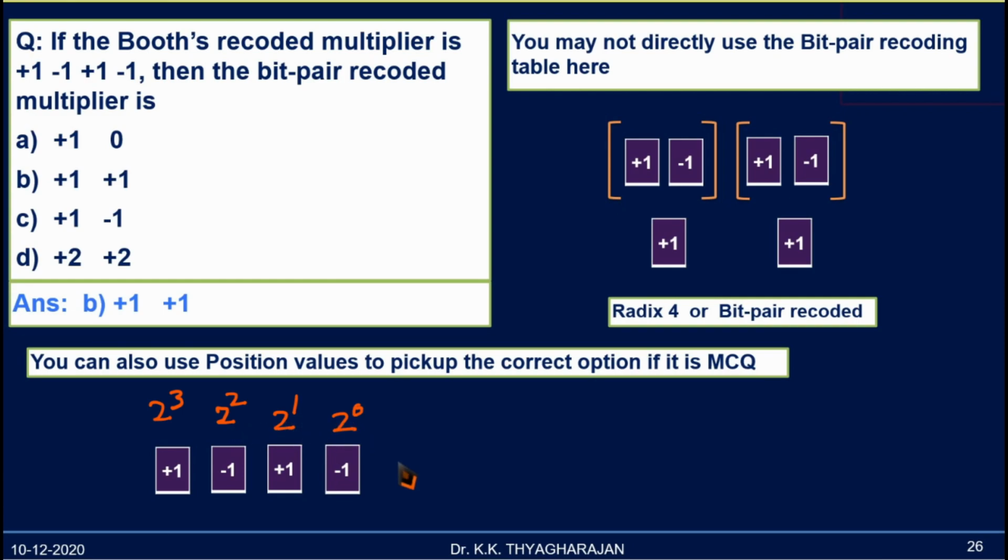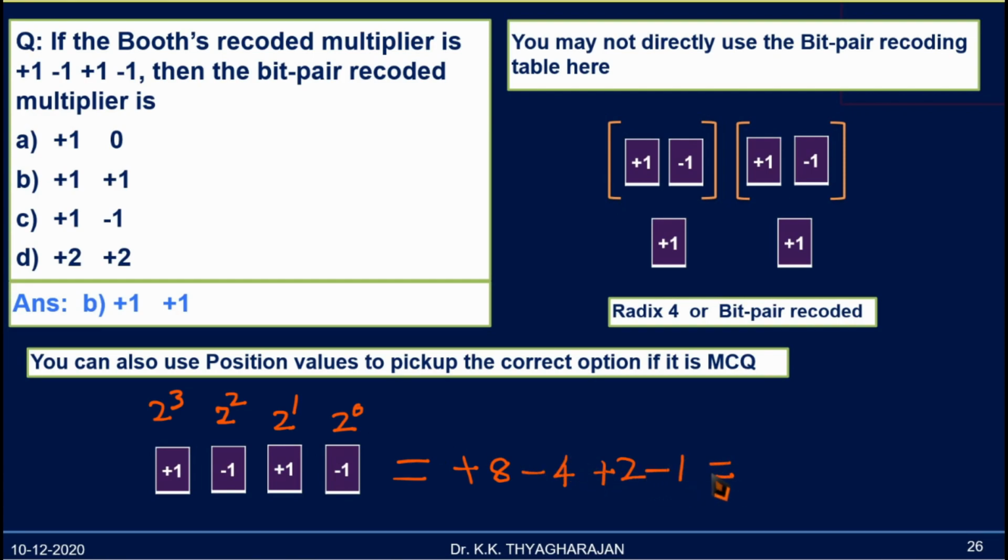This is 1. So this will be equal to 1 into 8, plus 8. And this is minus 1 into 4, that is minus 4. This is plus 1 into 2, so plus 2, and this is minus 1 into 1, it is minus 1.